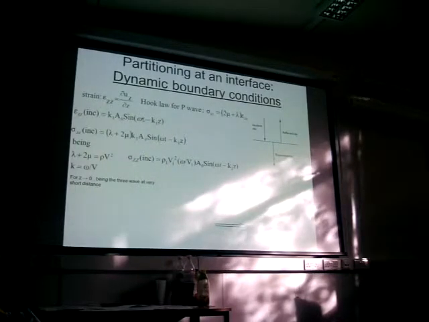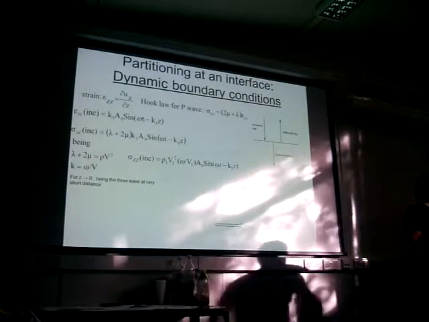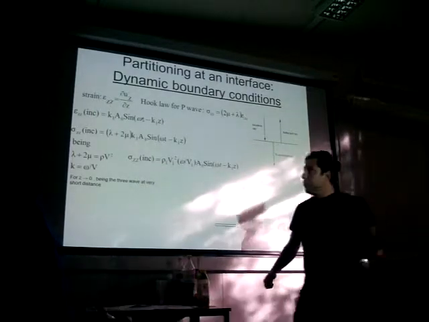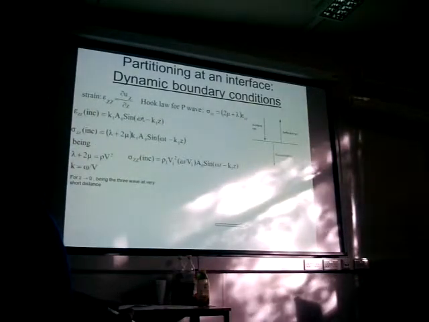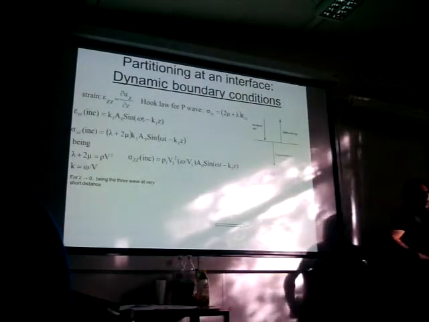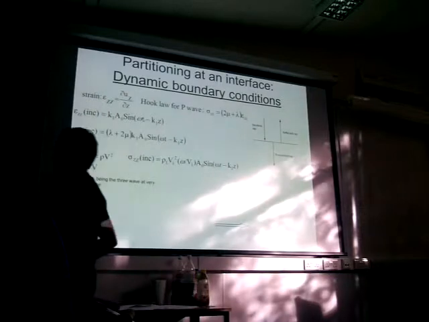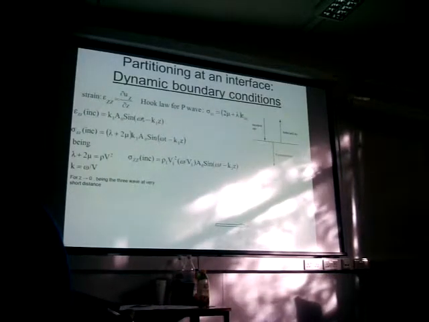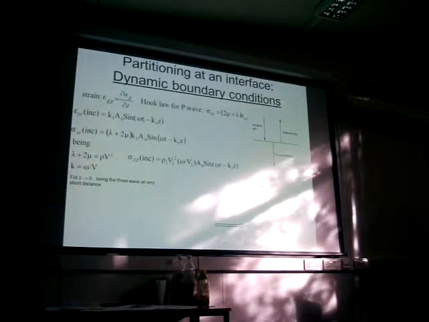Remember, the velocity was the root of lambda plus 2 mu divided by the density, all under root.